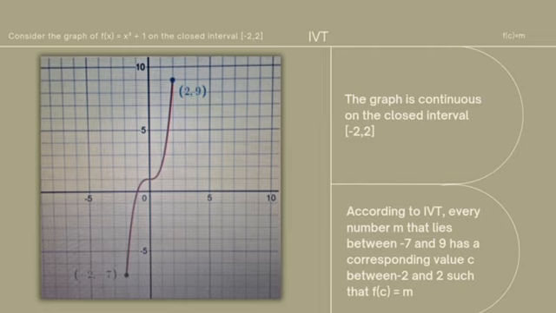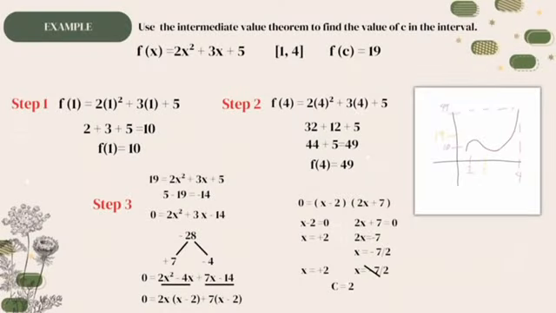According to IVT, every number m that lies between negative 7 and positive 9 has a corresponding c between negative 2 and positive 2, such that f of c equals m. Yung f of c natin or function of c is equal to m, since ang function value natin kinukuha natin sa y-axis.